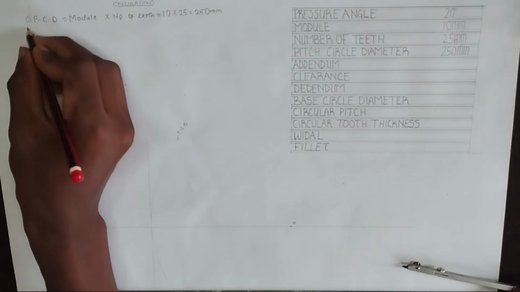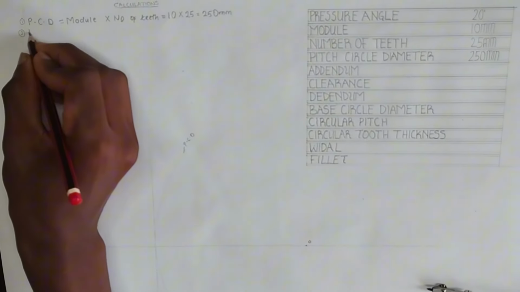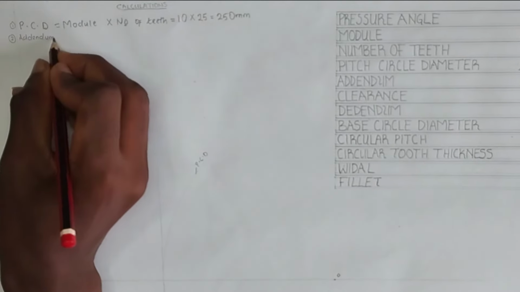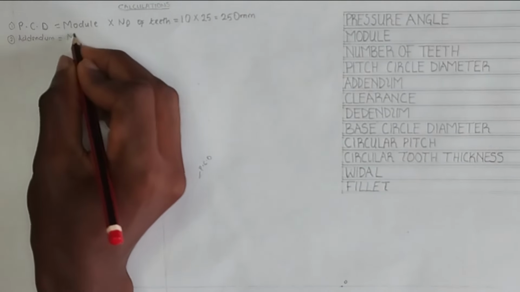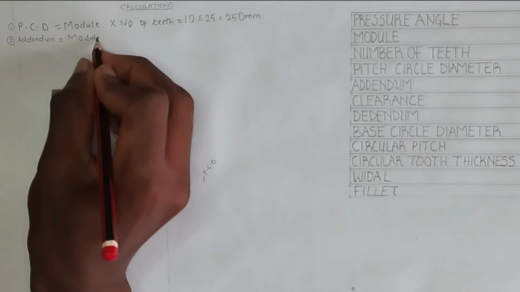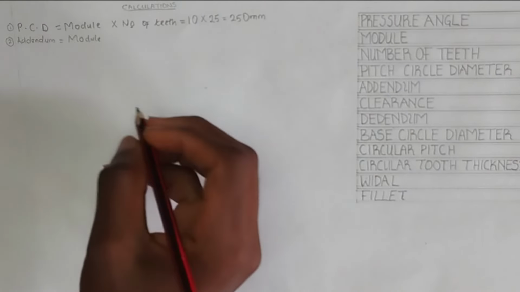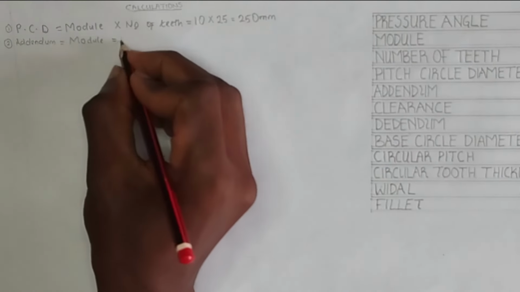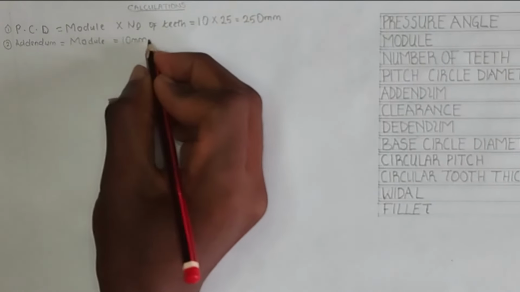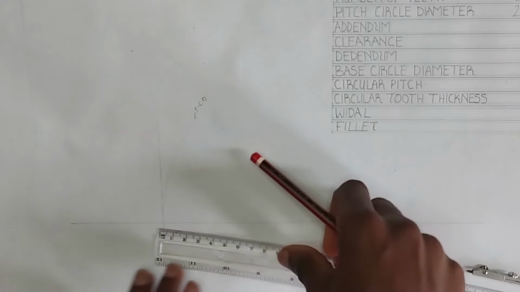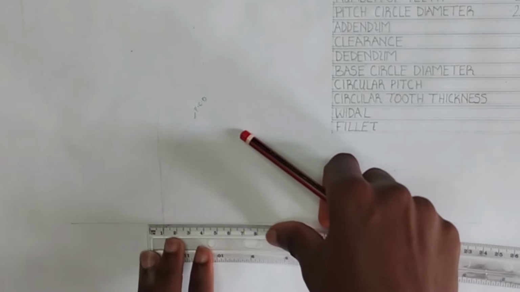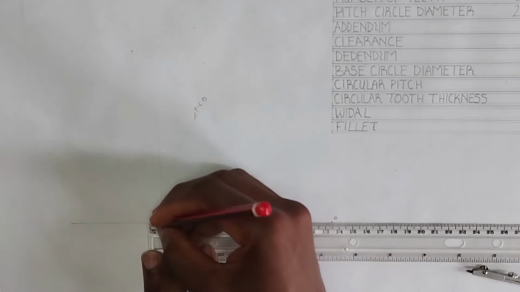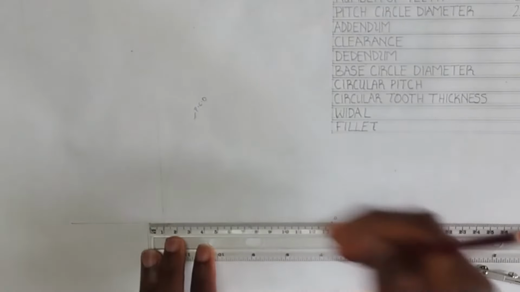We have been given our addendum to be equals to our module. And we have been given our module to be 10. So our addendum is equals to 10 millimeter, that is 10 millimeter above the PCD.